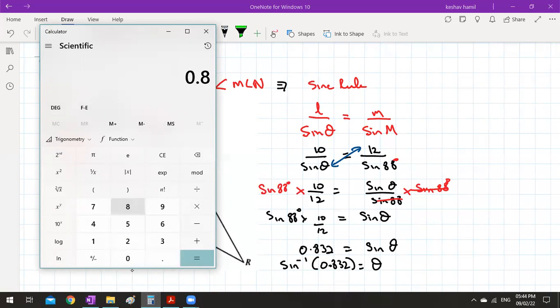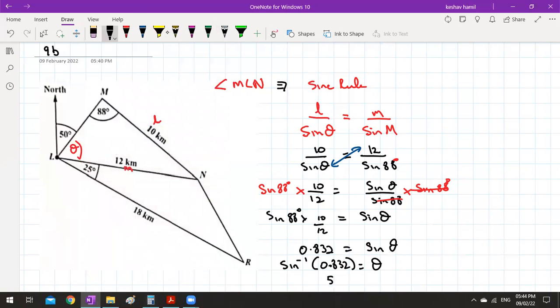So 0.832, second function, sine, and we get 56.3. Again, this thing is not working. 56.3 degrees equals theta.